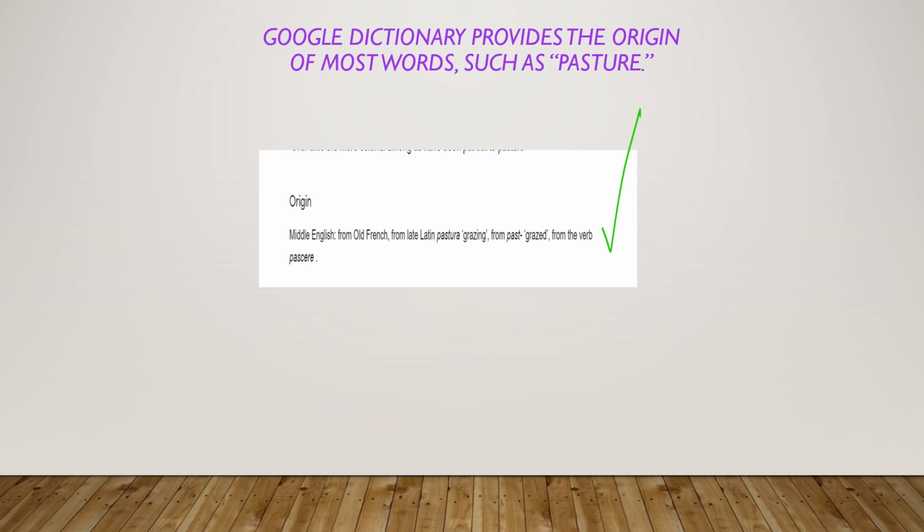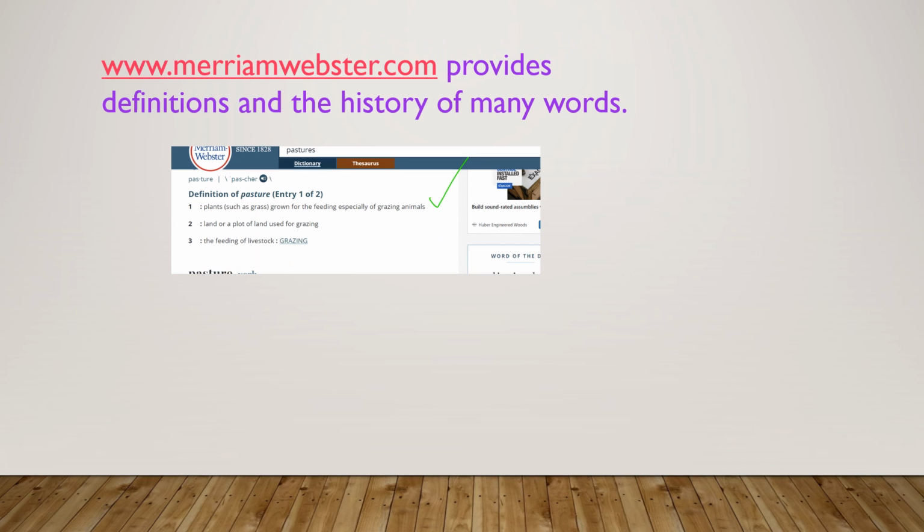Also, not all words in Google Dictionary will have their origins listed. That's why you should use www.merriam-webster.com or Etymology Online, the etymology dictionary online, so that you can find the history of a word easily.